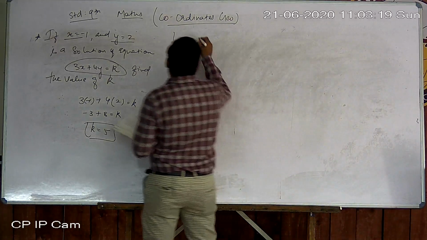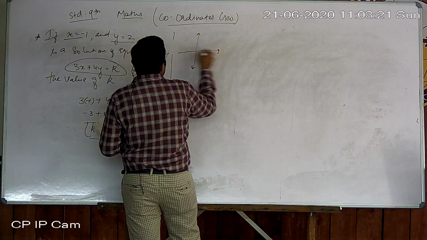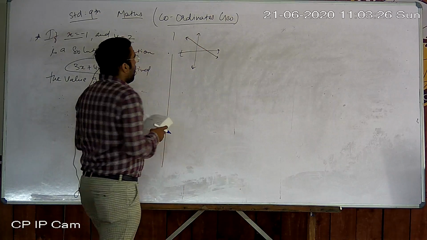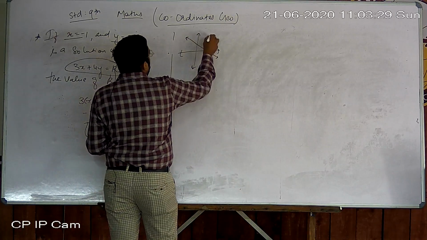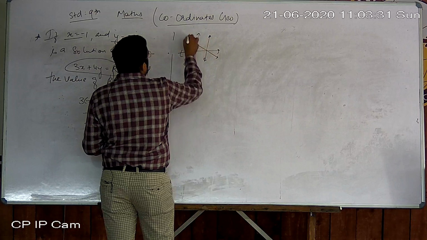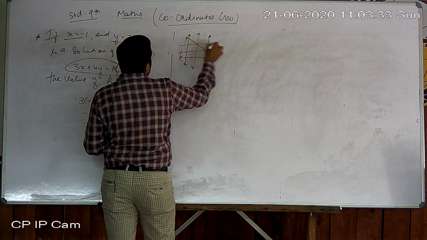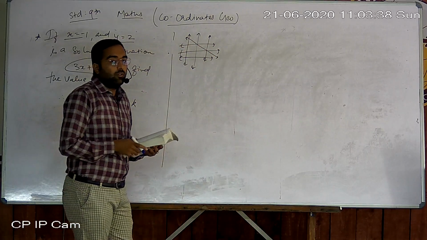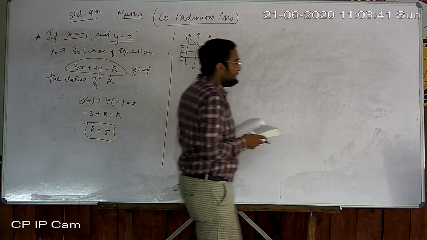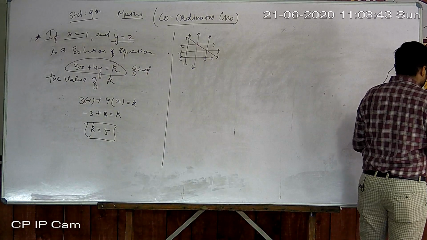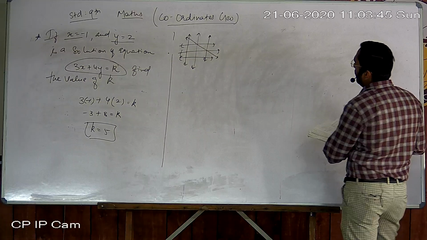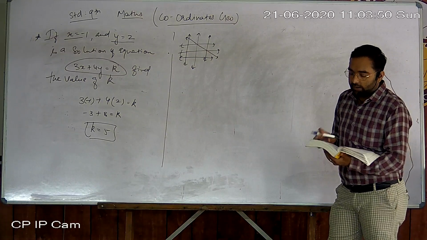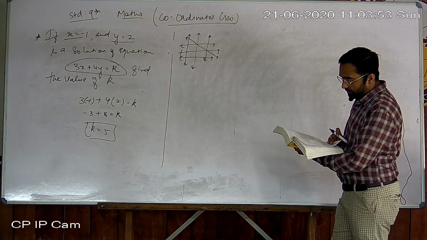Your graph can be a slant line, a straight line parallel to the y-axis, or a straight line parallel to the x-axis. But it must be that for a linear equation in two variables, we always find a straight line in the graph.